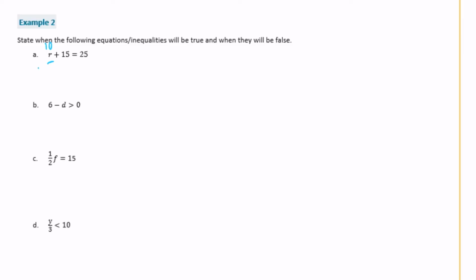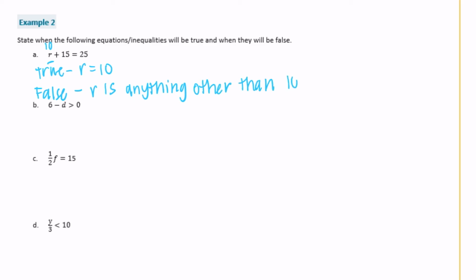So for it to be true, R needs to equal 10. For it to be false, R needs to be anything other than 10, because since it's just equal, anything other than 10 is going to make that statement false.